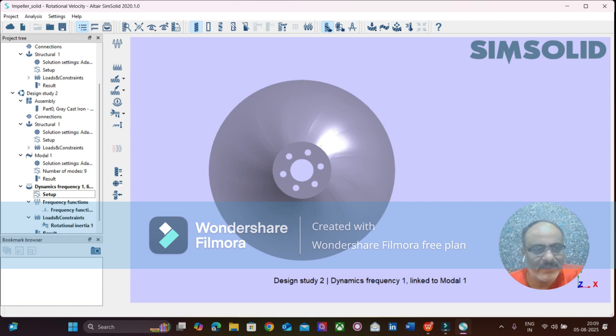Today we are going to see yet another simulation. This is called frequency responses. And before this frequency response, there were two other simulation procedures we have done using a finite element general purpose software.